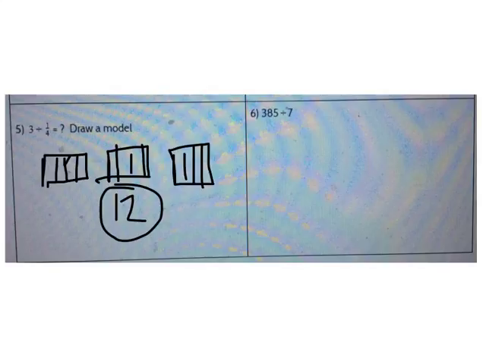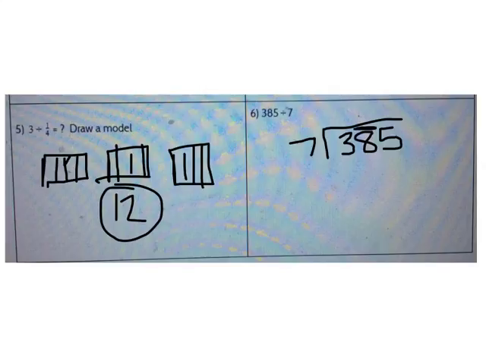Now let's do another. 385 divided by 7. I know that I need to take my dividend, 385, put it inside the house, and my divisor, 7, put it outside. Let's start by seeing where we can start dividing. Can I start with 3 hundreds, 38 tens, or 385 ones?